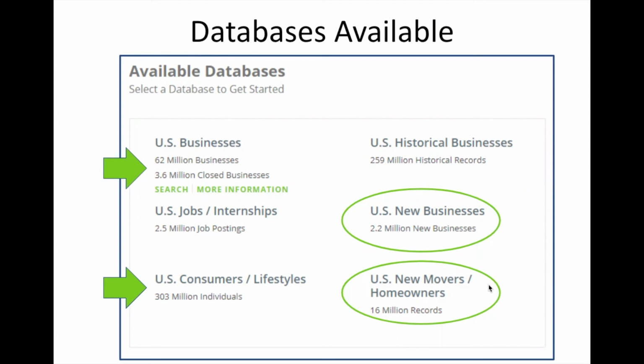And then also that US new movers and homeowners, especially, for our example as a landscaping business, that might be a good resource for doing some targeted marketing to get up and running. If someone's new to their home, they're maybe going to want to make their landscape their own. So those would be good ones to jump into as well, at least for our example here.